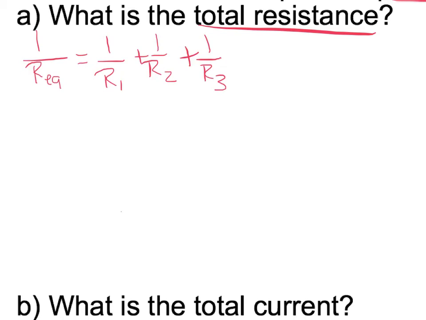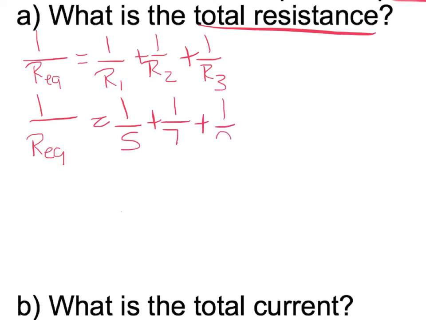Using the numbers that we labeled in the diagram to the left, we get that 1 over the equivalent resistance equals 1 over 5 plus 1 over 7 plus 1 over 9.